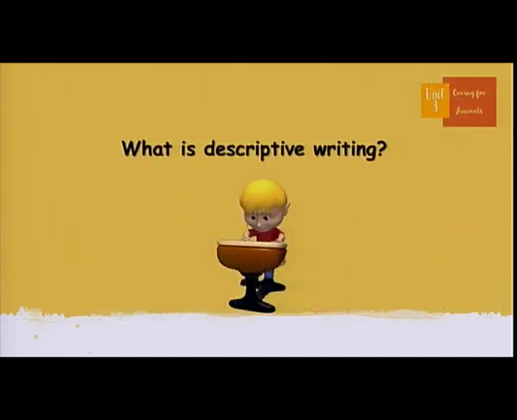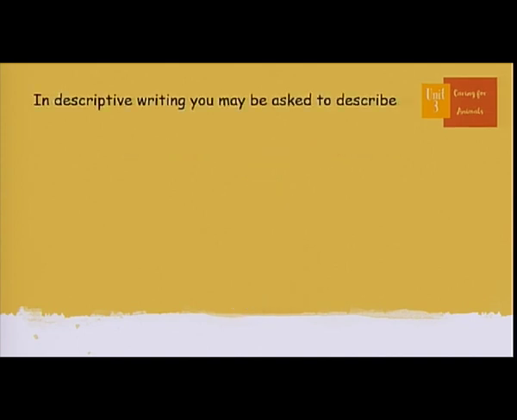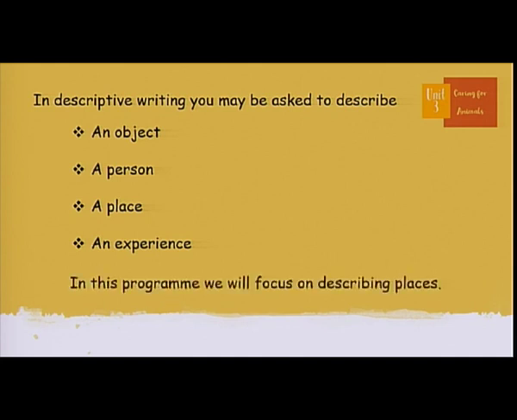What is descriptive writing? In descriptive writing, you may be asked to describe an object, a person, a place, or an experience. In this program, we will focus on describing places.